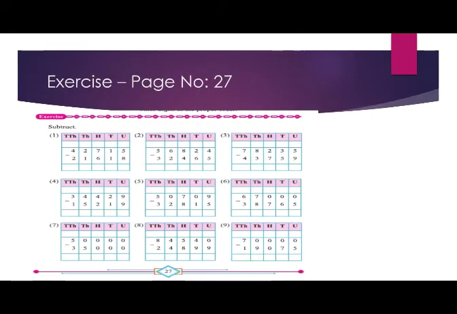Students, we are going to solve this exercise of page number 27. Okay, this is in your textbook itself. You can directly solve it in your textbook. So as I said, students, can you see this unit column, tens column, hundred column, thousand column, and as I said, this 10,000 column.